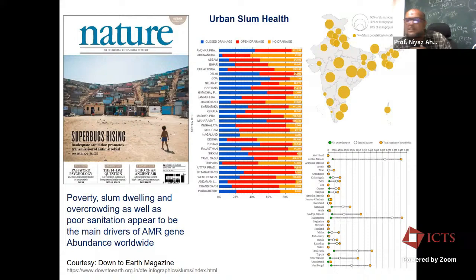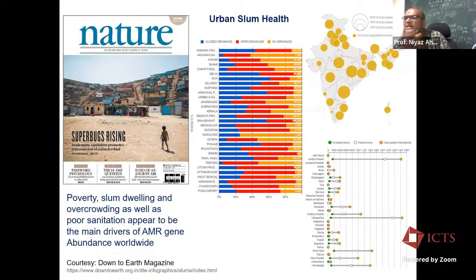But then we saw the granulated data, in the context of our own country, if not the African countries and other South Asian countries. Some of the important things in understanding this scenario of evolution are poverty, slum dwelling, overcrowding, poor sanitation, and poor management of drinking water and excreta.